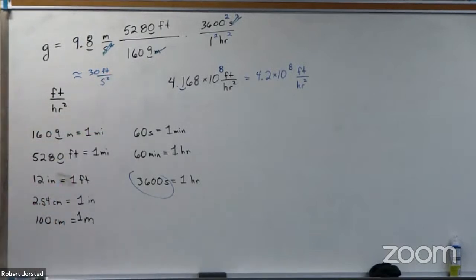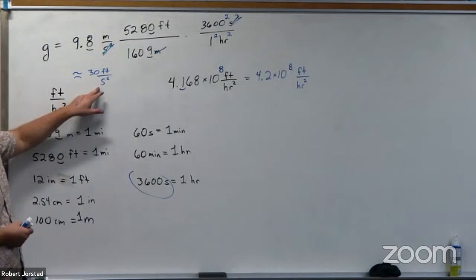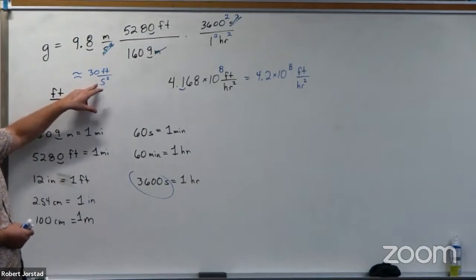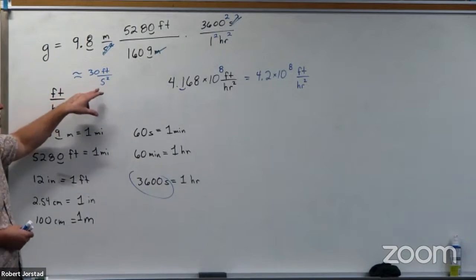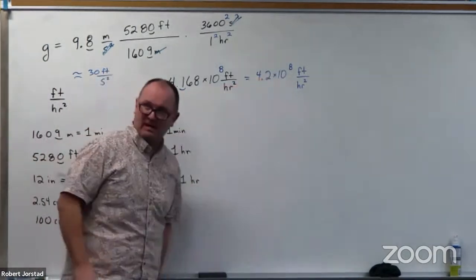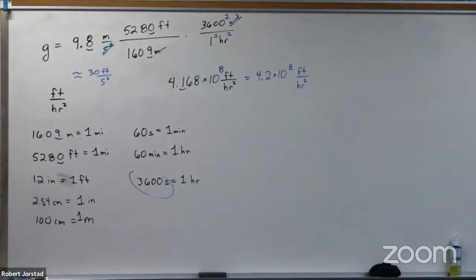And now what we're doing is we're converting the denominator to hours. We should cover a lot more feet in hours squared than we did in seconds squared. So it makes sense that the exponent is big and positive. So that seems about reasonable.